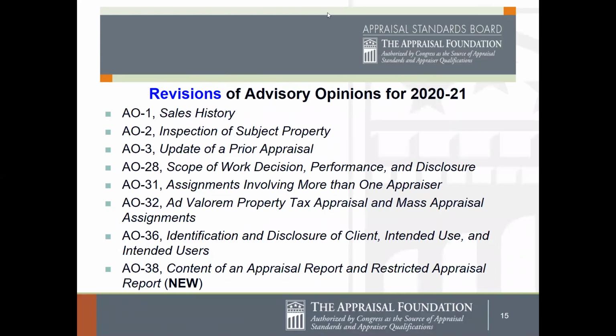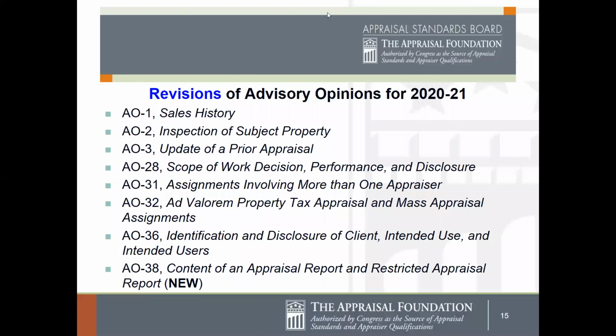We also have listed on the screen, and one that the board addressed in the advisory opinion, is AO3, update of a prior appraisal. Can you briefly talk about what was done there? Certainly. Over the last couple of years, actually, stakeholders pointed out that the current guidance in Advisory Opinion 3 refers to the original appraiser's firm when one is completing a report which incorporates prior work by reference.